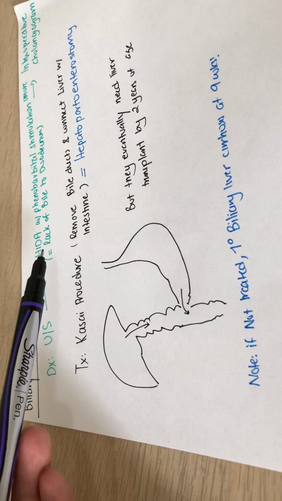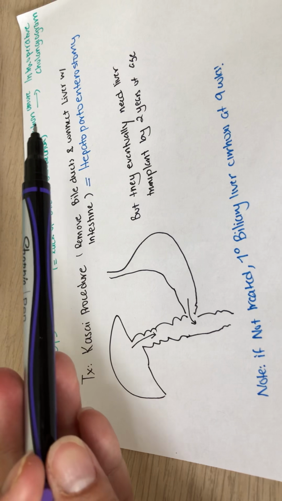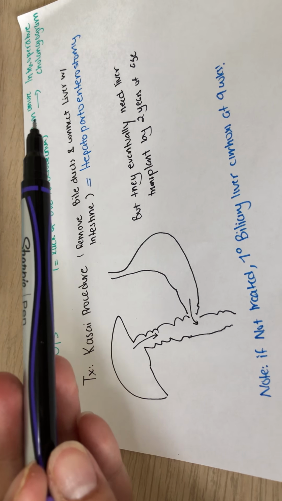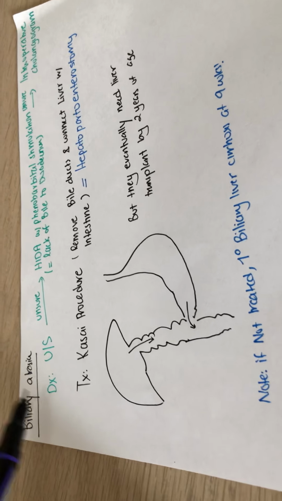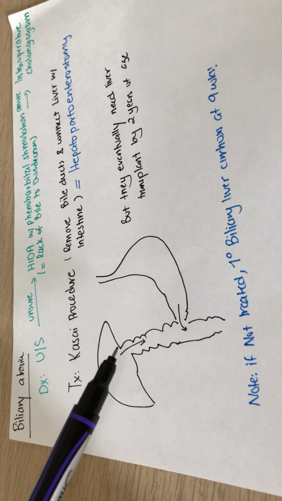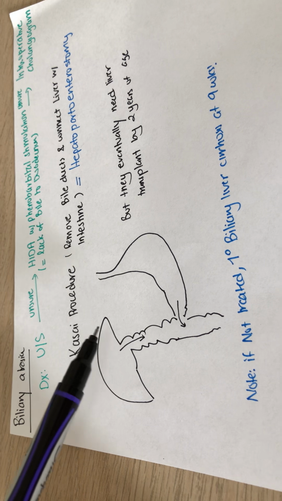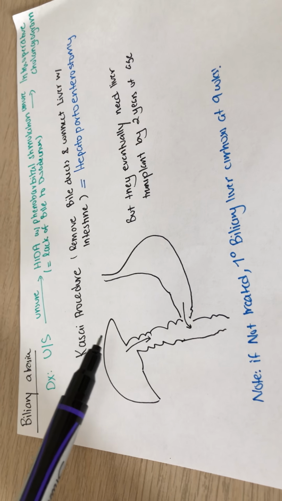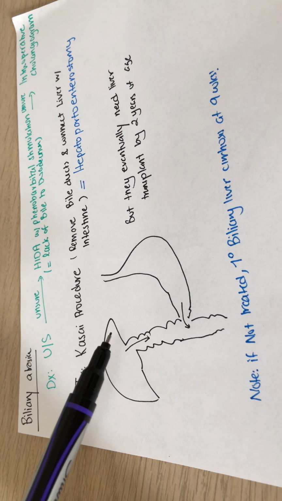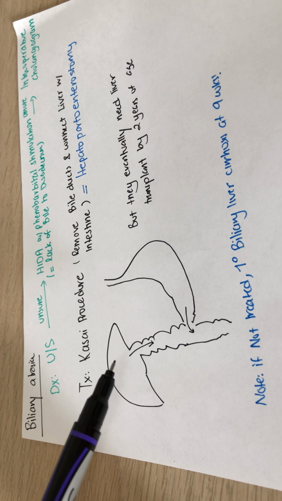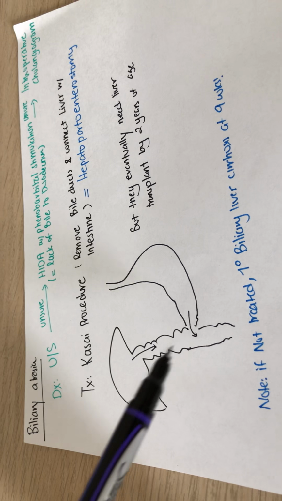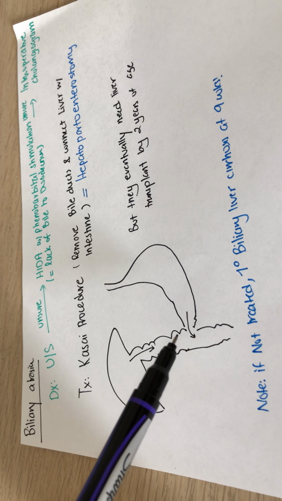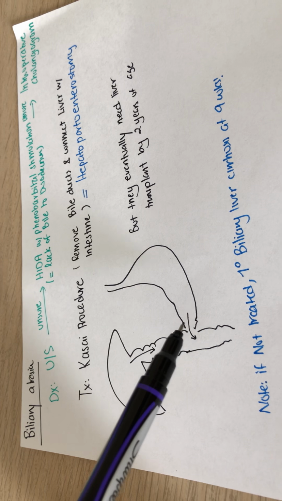Even if you're still unsure, you can do an intraoperative cholangiogram to confirm. The surgery you do is you cut out the diseased part of the common bile duct, connect the liver directly with the intestine.